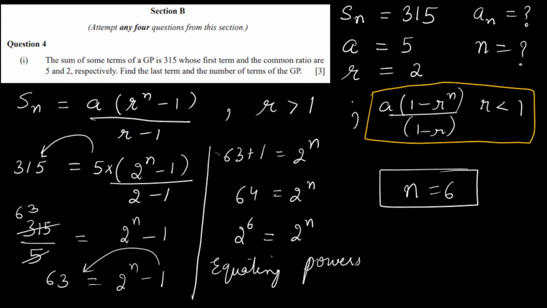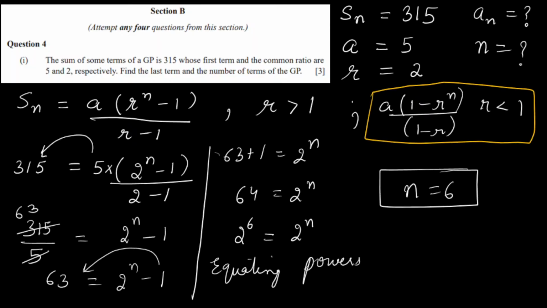So basically we have to find A6. An's formula we know: An is equal to A into R to the power n minus 1. So we have to find A6. Values we will substitute.